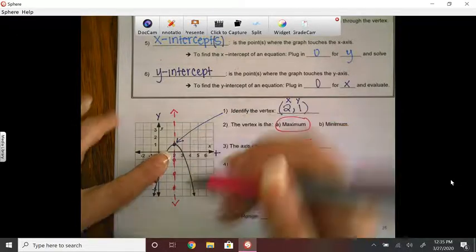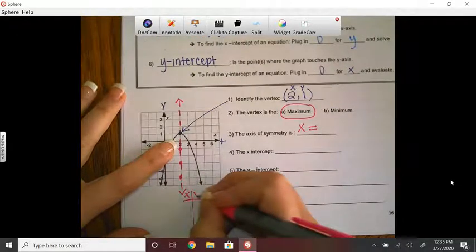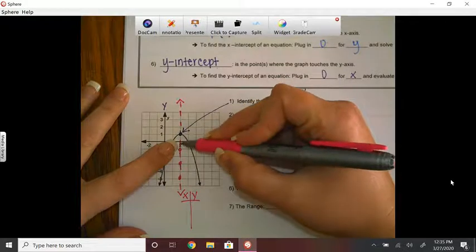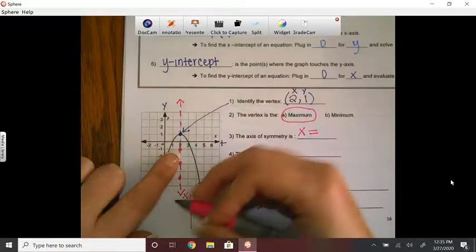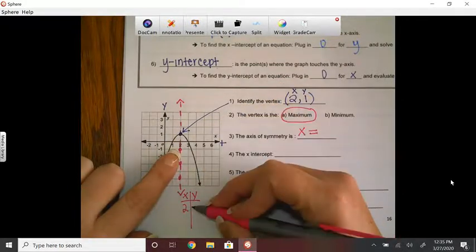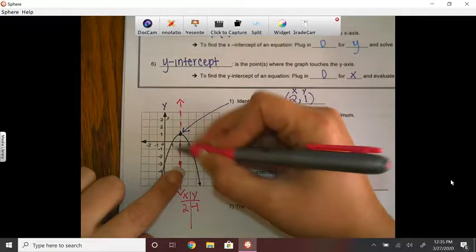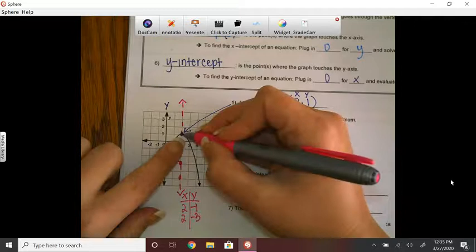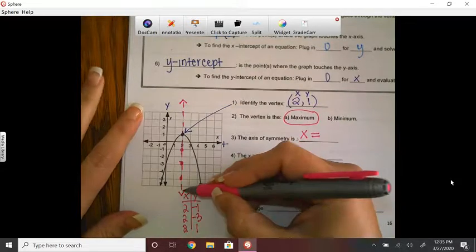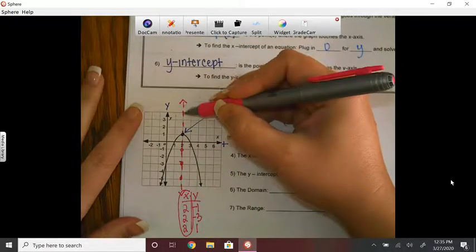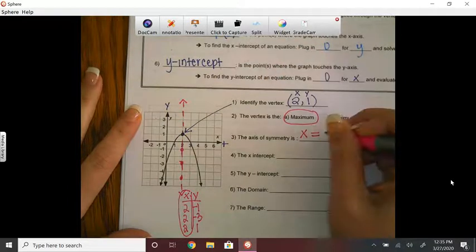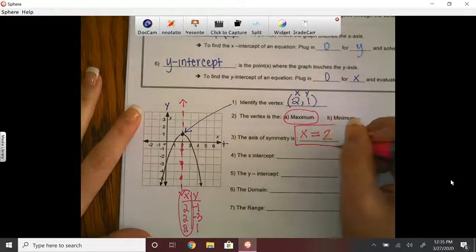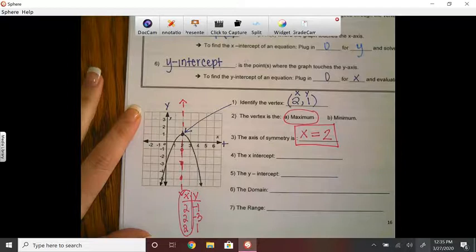So if I made a table for all the points on this line, for example, this ordered pair is at 2, -1. This ordered pair is at 2, -3. This ordered pair is at 2, 1. So all the x's on this vertical line are all 2. So that is the equation of the axis of symmetry.